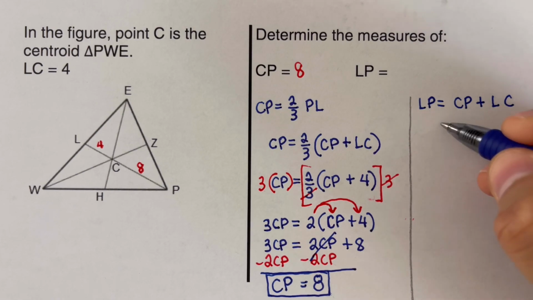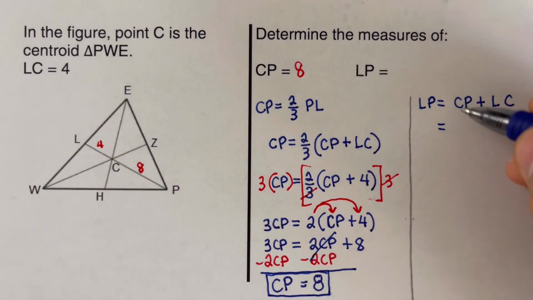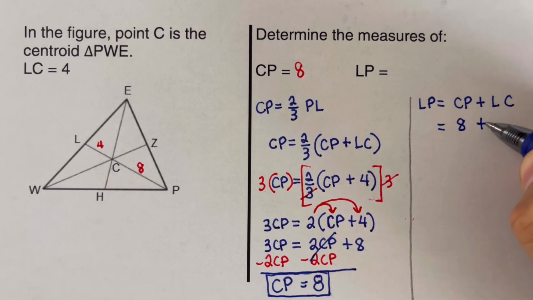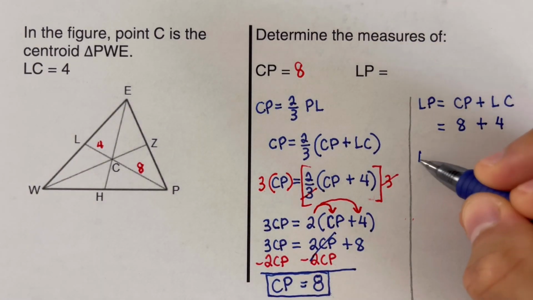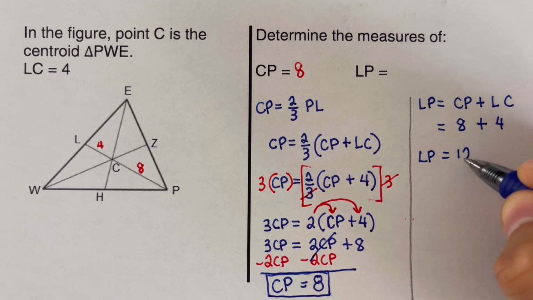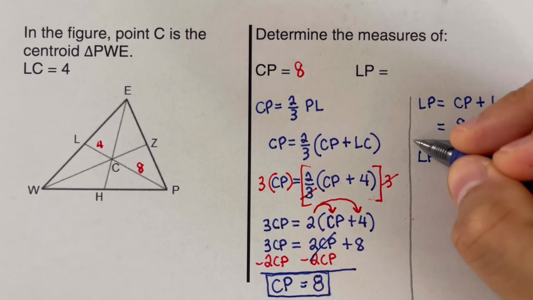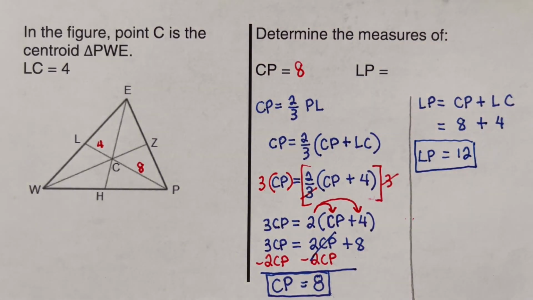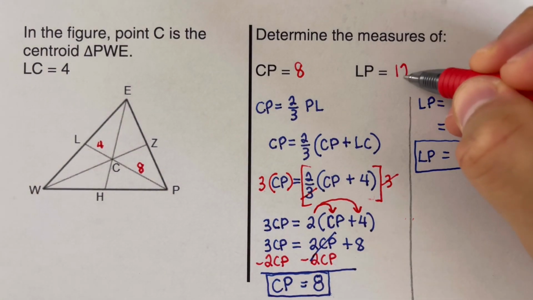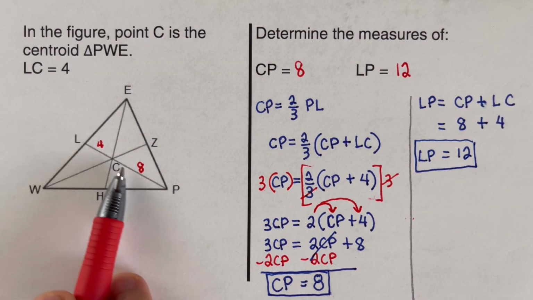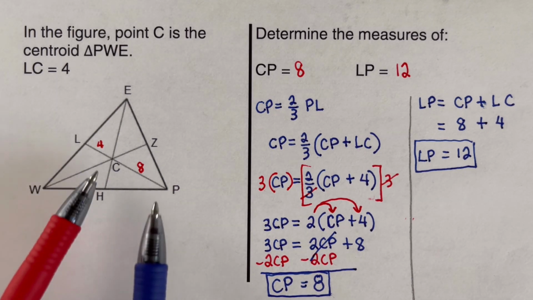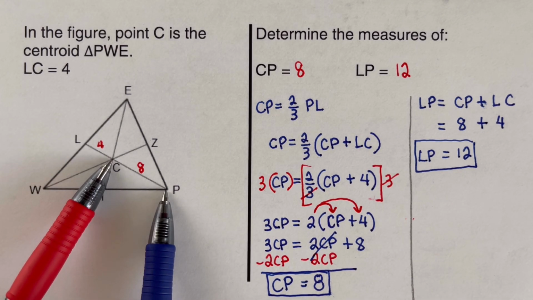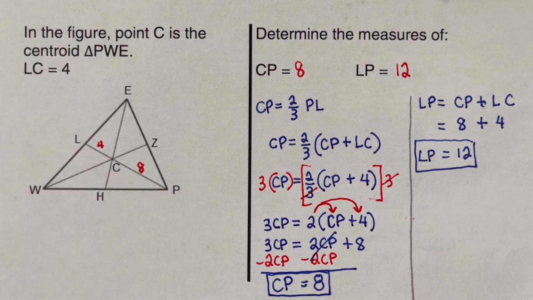So then our CP, we plug the values in, is 8 plus our LC is 4. So that we have LP is 8 plus 4 is 12. So this is the length of LP. And that makes sense because if we add 4 plus 8 is 12. And if you notice, 8 is 2/3 of the whole thing, which is 12.